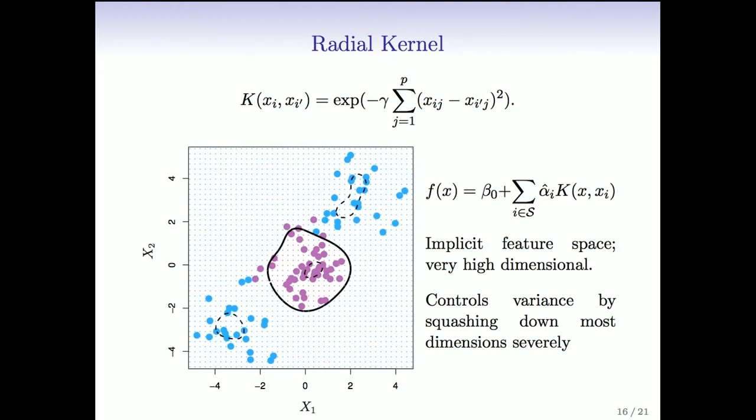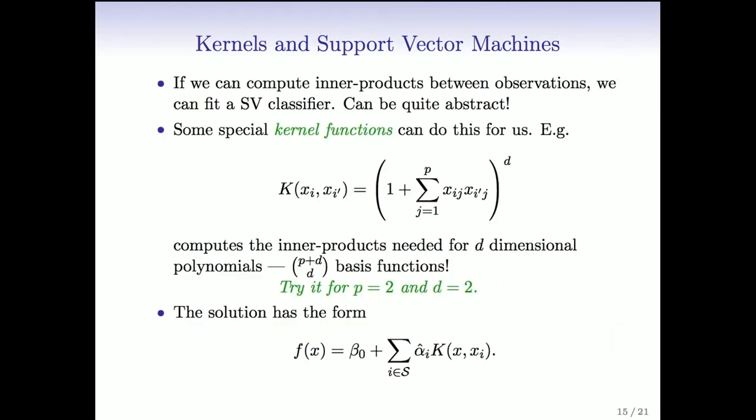And the dimensions that are squashed down tend to be the more wiggly dimensions. The smoother ones are squashed down less. If you went through this little example over here, you'll notice that it did give you the inner product for a degree 2 polynomial, but there were coefficients in front of these, and those are what give you the squashing factors.